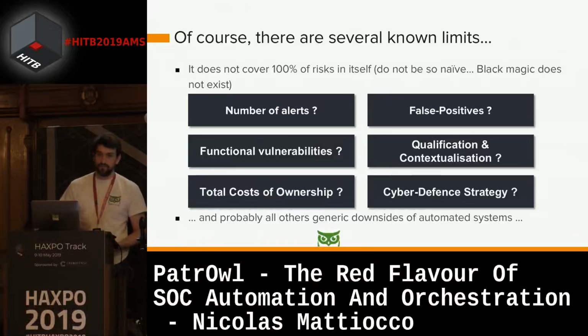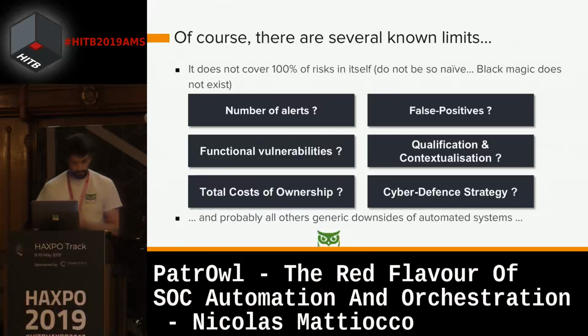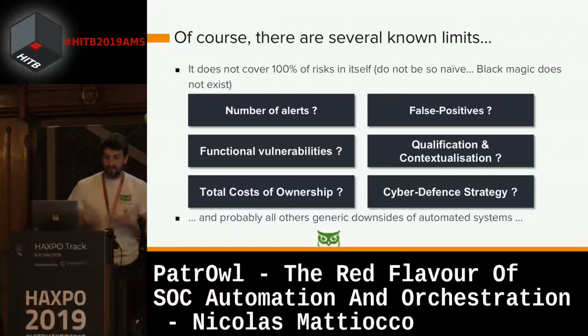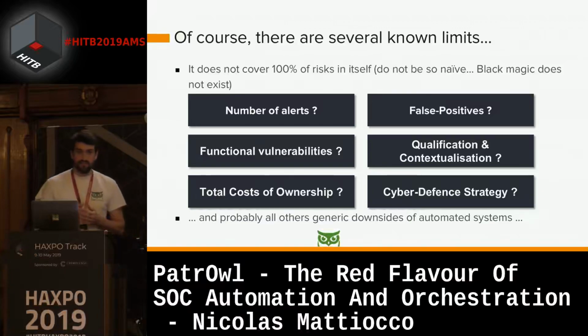So we have to find a tricky way to reduce this. It's very inefficient for functional vulnerabilities. Automating things is for technical vulnerabilities, just to check that an insecure configuration is present or a non-patched version is here. And what about qualification and contextualization of vulnerabilities?